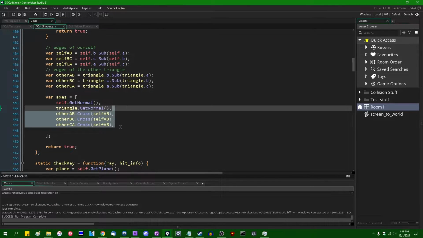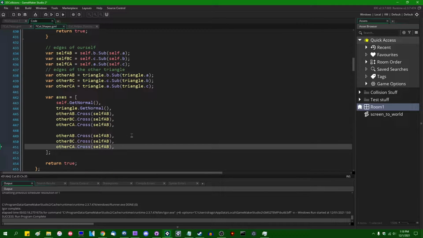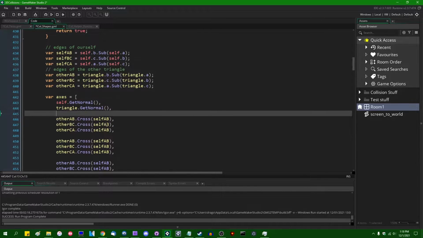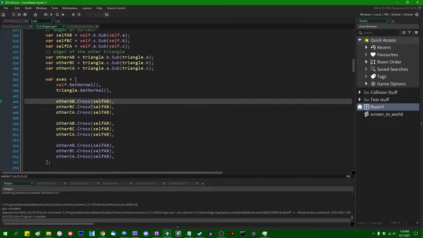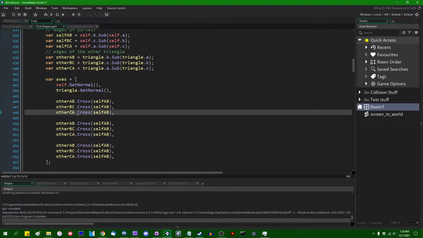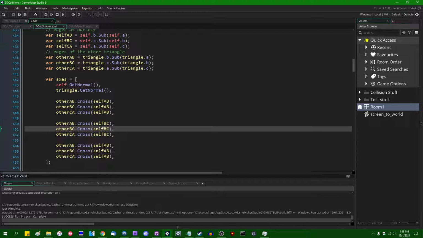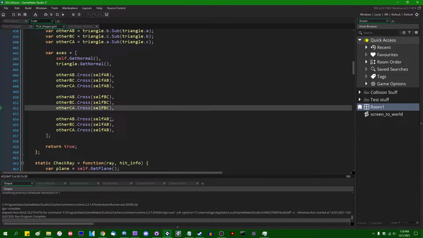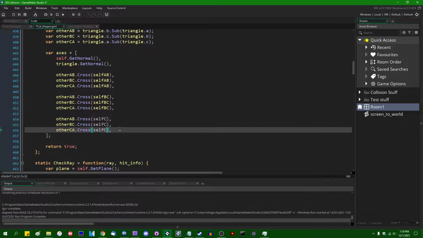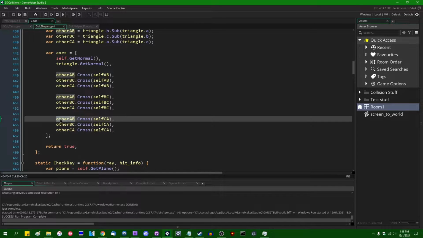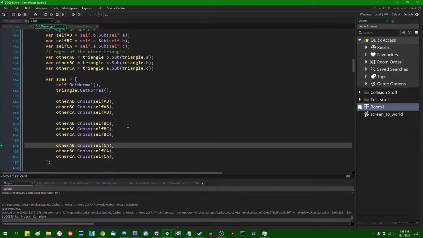So I'm going to separate this into sections. Other AB cross self AB, other BC cross self AB, other CA cross self AB, other AB cross self BC, other BC cross self BC, other CA cross self BC, and then the last one is going to be the same 3 edges crossed against self CA.